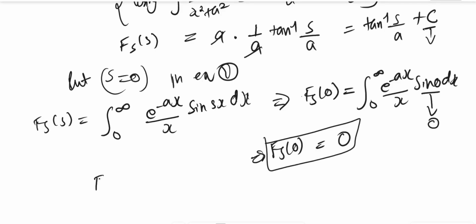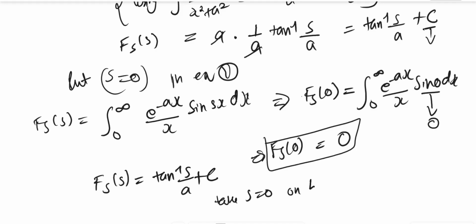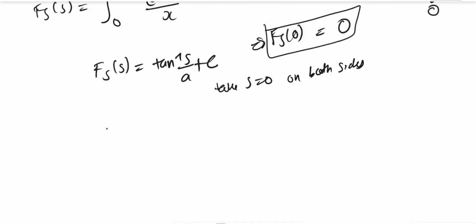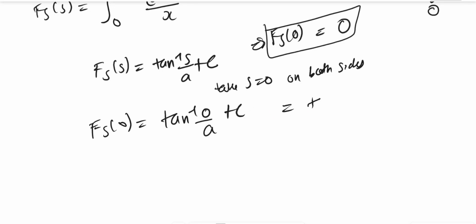Now using this we take 0 here. We had the final equation F_s(s) is equal to tan inverse s upon a plus c. To eliminate c, we take s is equal to 0 on both sides, which gives F_s(0) is equal to tan inverse 0 divided by a plus c. Now it is tan inverse 0 plus c.